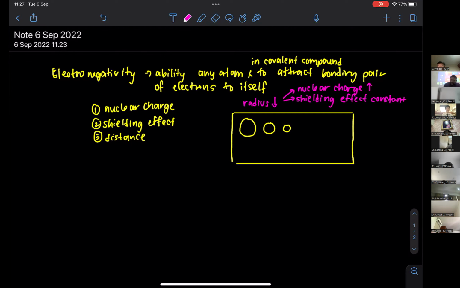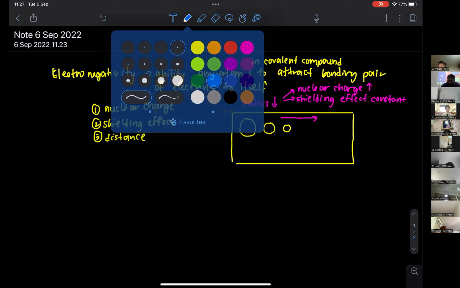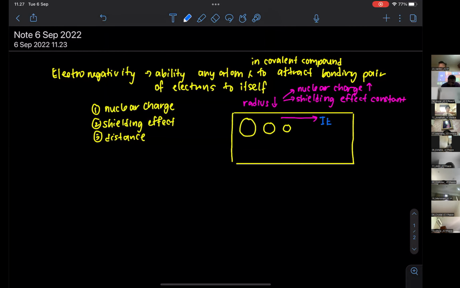Now, if you want to relate to your ionization energy, the energy required to remove one electron from a gaseous atom to give you a positive one gaseous ion, the ionization energy increases going across. It is difficult to remove because the electron is strongly bonded.